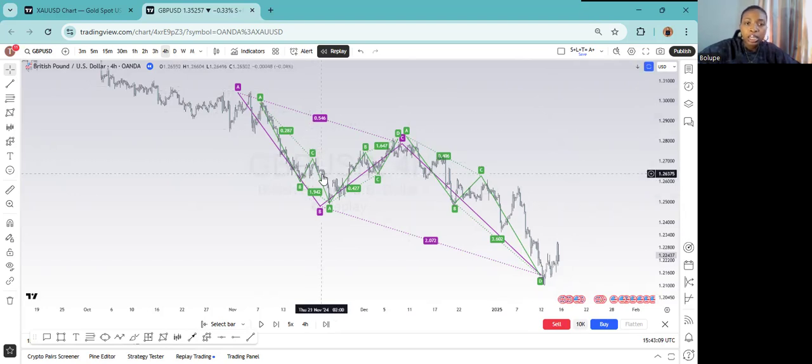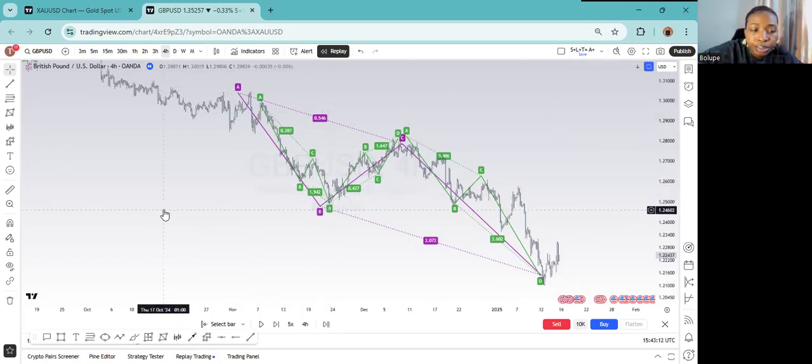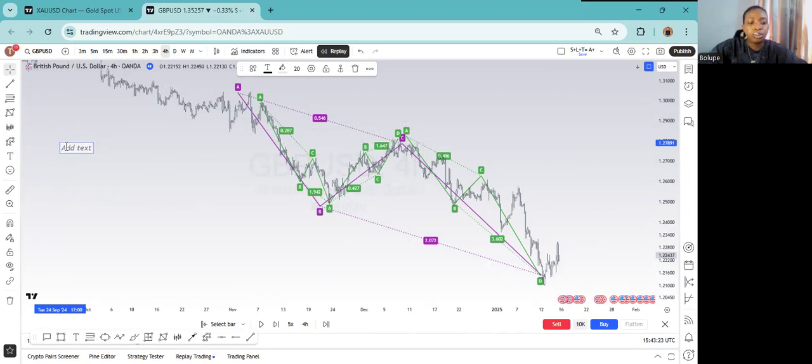Now on the daily time frame, you have A to B. I want it to be like the umbrella.